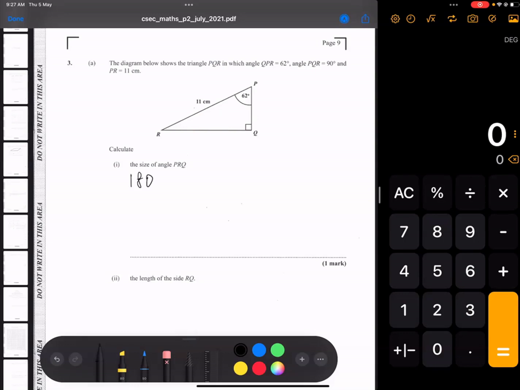So 180 degrees, take away 62 degrees plus 90. Let me just put it in the calculator to be sure. 90 plus 62, yes, 152.